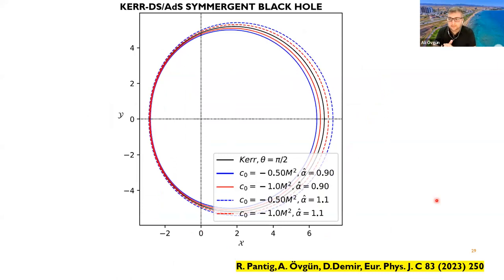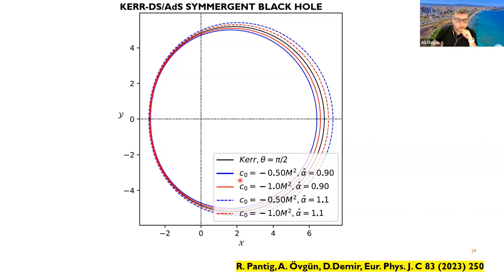If you look at the plot of y and x for the shadow of the black hole, here we take the rotation parameter as 0.90 m, and overall we observe the D-shaped nature of the shadow, which is expected for a rotating black hole, due to the spin parameter. As photons travel in the intervening space under the effect of the Symmergent parameter, the shadow size is increasing.